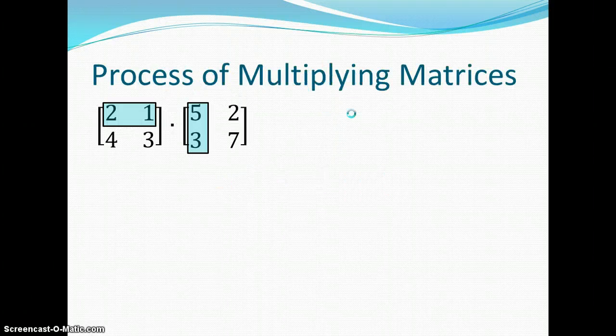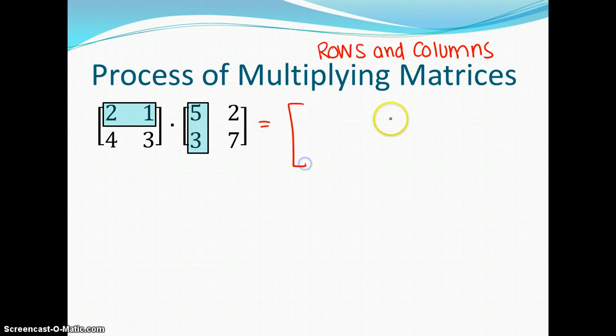The process of multiplying matrices, and I told you that idea of rows and columns is a very important one, and it continues into this multiplying. The idea here is you want to think of rows first, columns second. We look at our answer matrix.